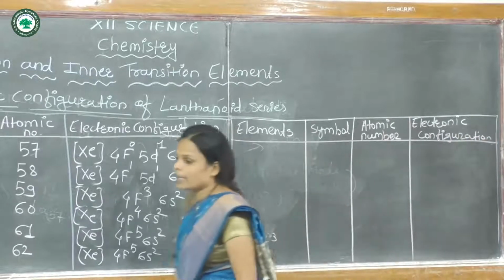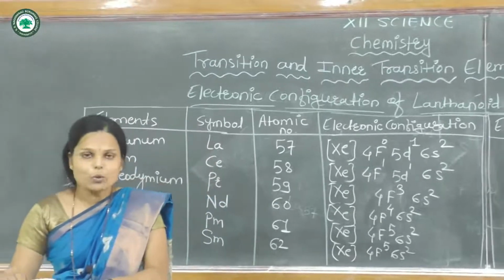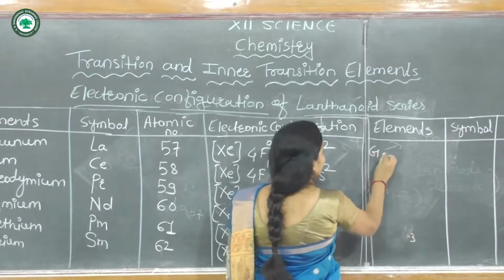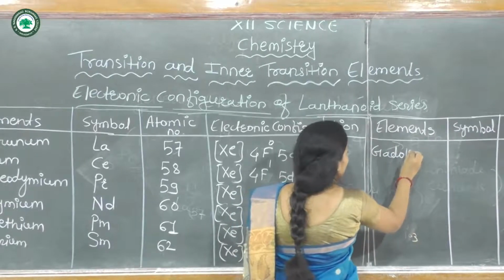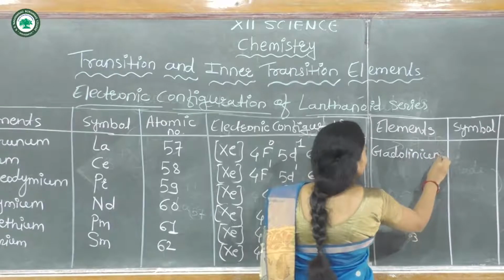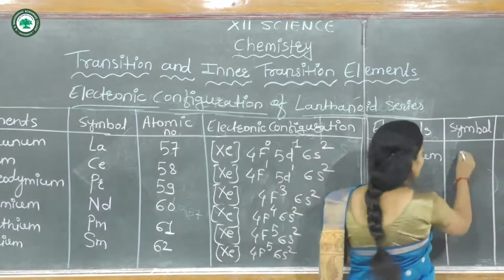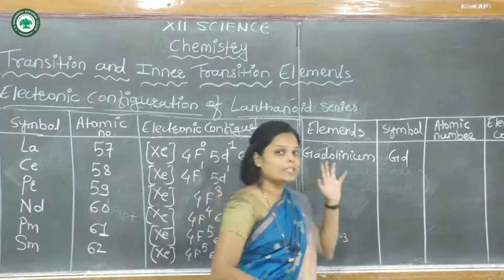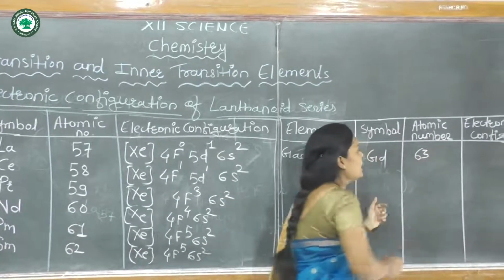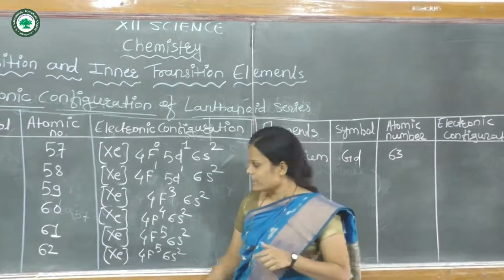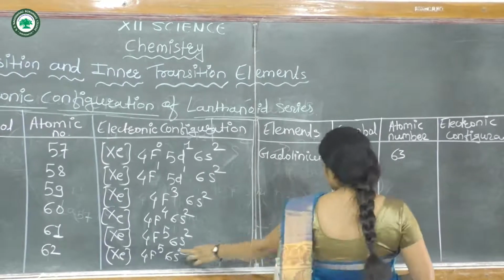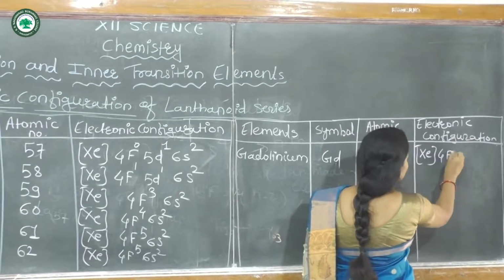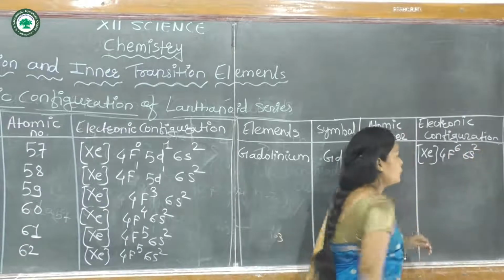The seventh element is europium. Its symbol is Eu and its atomic number is 63. The next element is gadolinium, Gd. The symbol of gadolinium is capital G and small d. The atomic number of gadolinium is 64, and its electronic configuration is 4f7, 5d1 and 6s2.